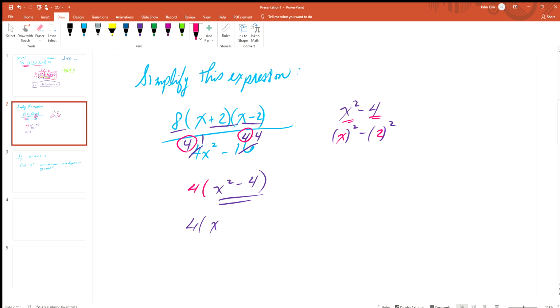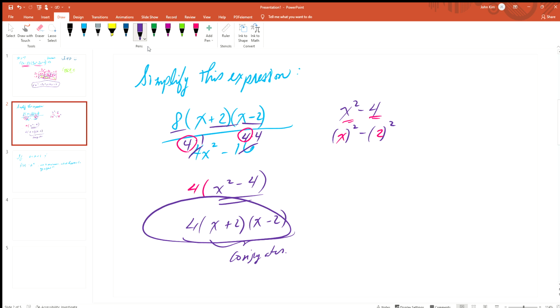That turns out to be 4. So the factors are going to be in the form x plus 2 and x minus 2. You notice that these are called conjugates, right? We learned about conjugates earlier. So you end up with this as the denominator. You end up with this as the numerator.